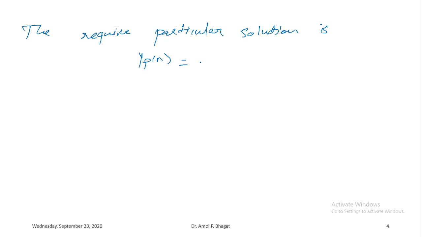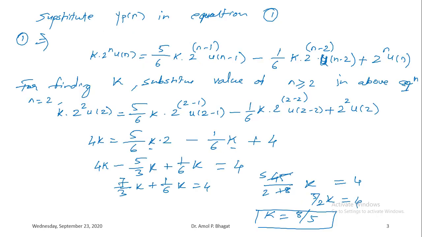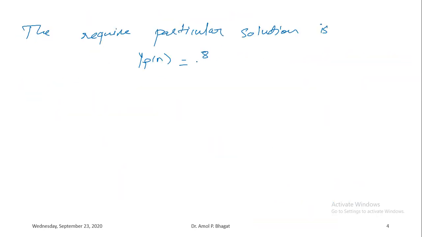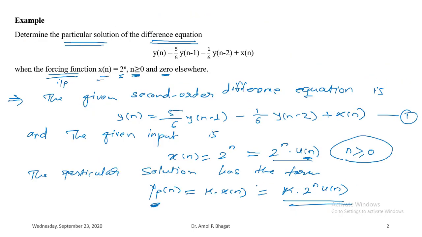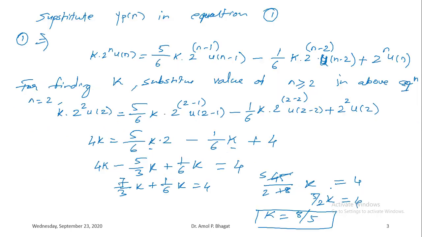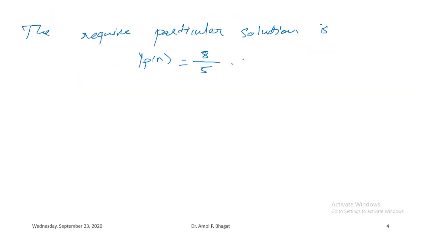So the required particular solution is yp of n equals k into 2 raised to the power n u of n, where k is 8 by 5, so 8 by 5 into 2 raised to the power n u of n.